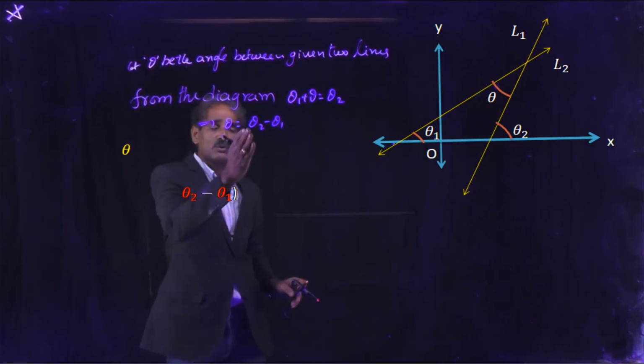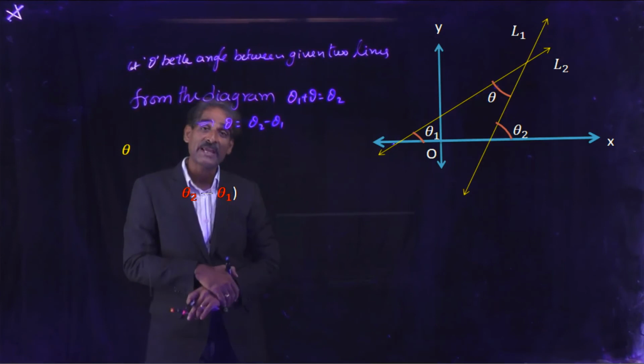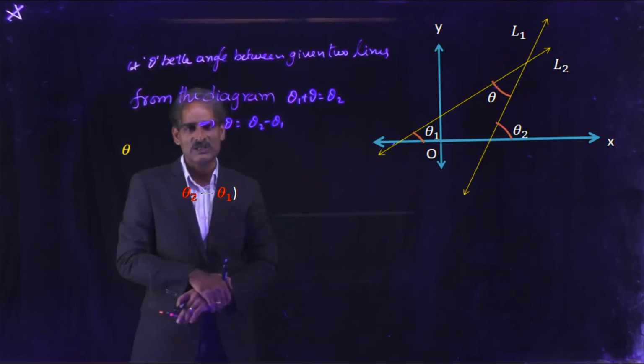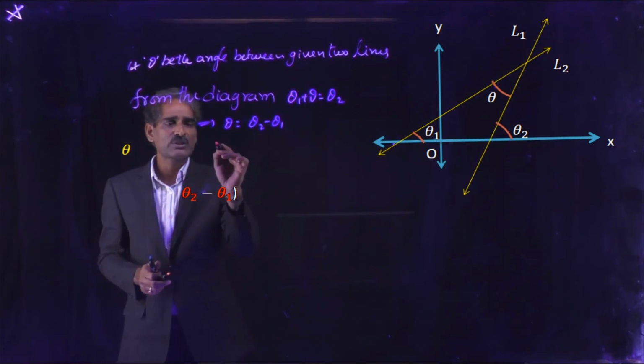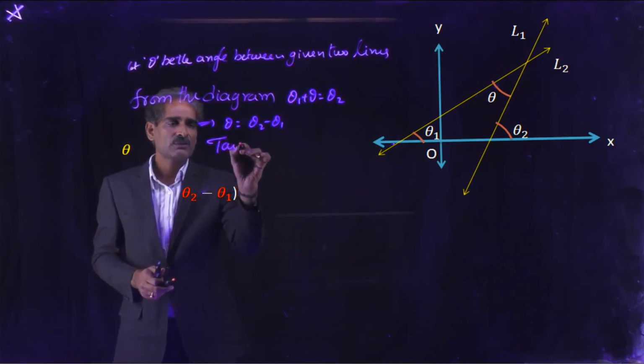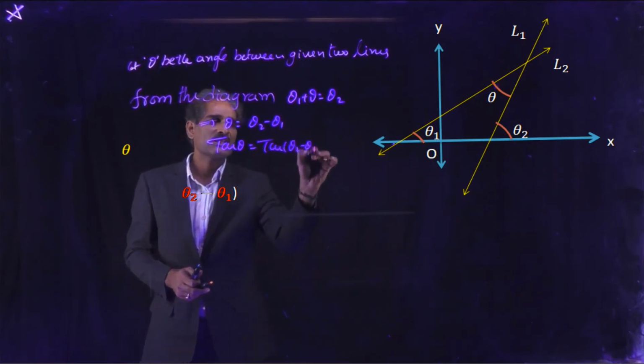Here exactly we don't know which one is greater, but theta is the acute angle. We have to take the modulus, so later we will take mod. Now apply tan on both sides. Tan theta equals tan of theta 2 minus theta 1.